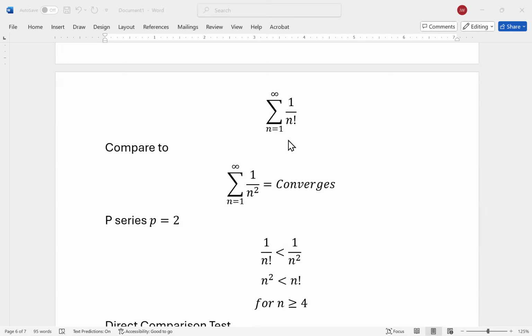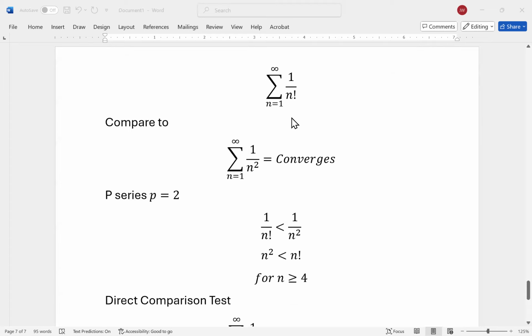I wouldn't have anything with the same limit when I take the ratio of 1 over n factorial to some other term, and that other term would have to have a factorial in it. And since I don't have a test with factorials, the limit comparison test would not have worked here.